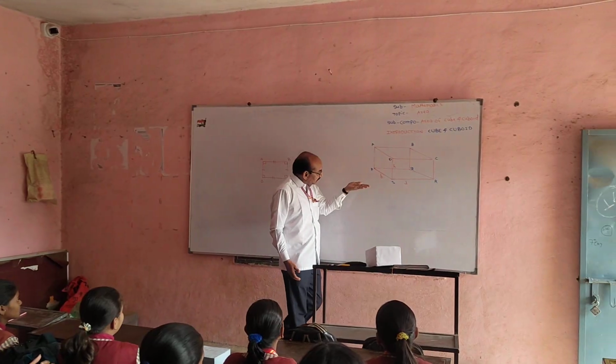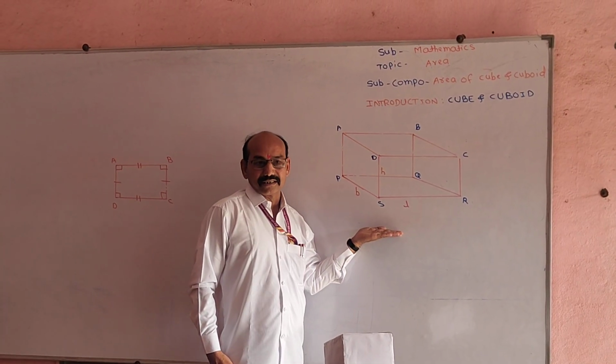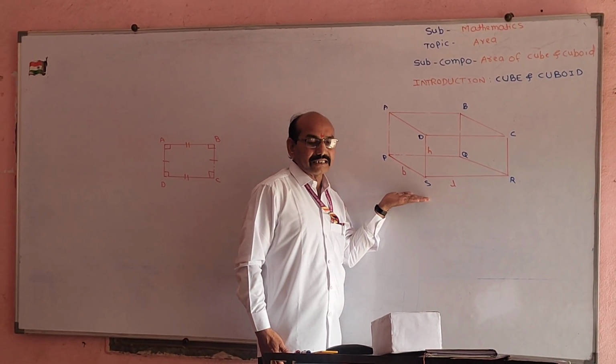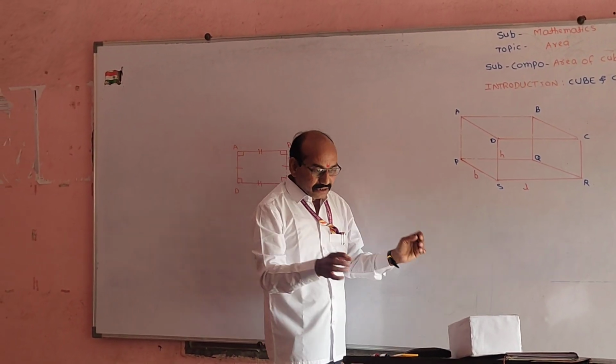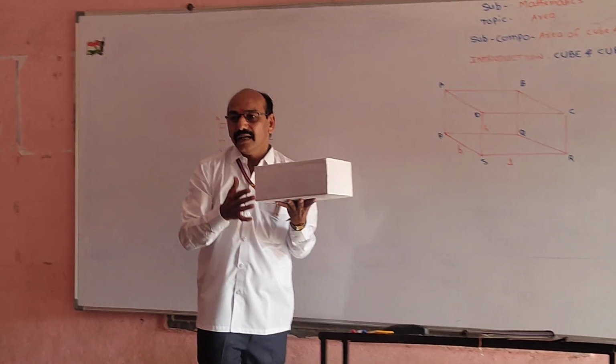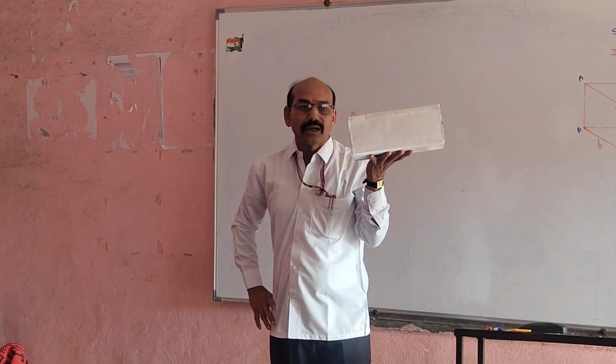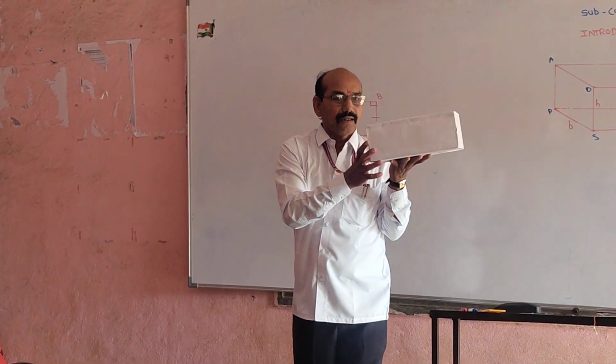And another one is the bottom face. These corner points are called vertices. This figure has a total of 8 vertices, meaning 8 corner points.